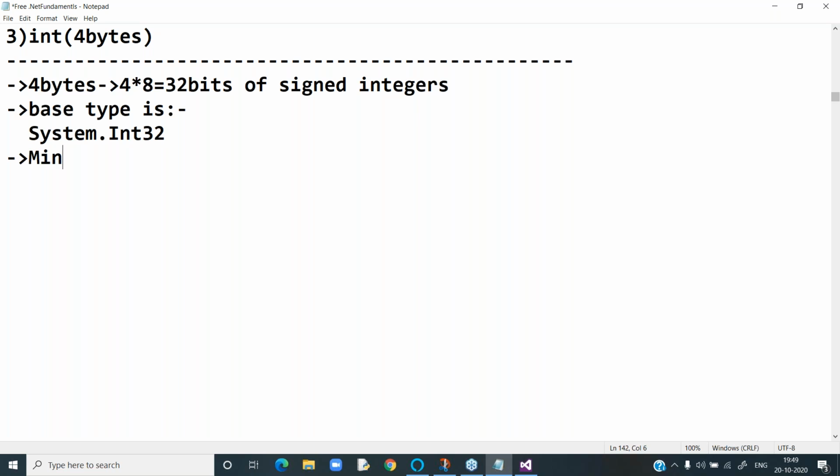Next, min value and max value. Ways to know, because it is a huge number.